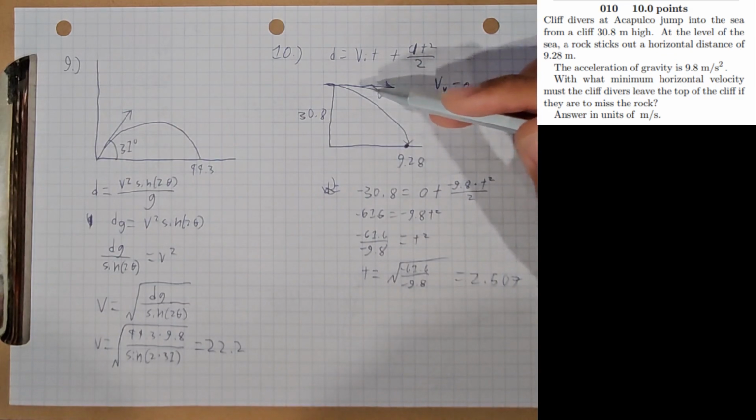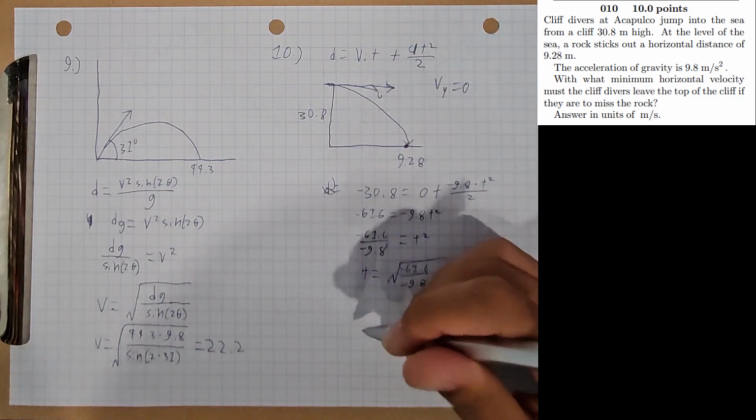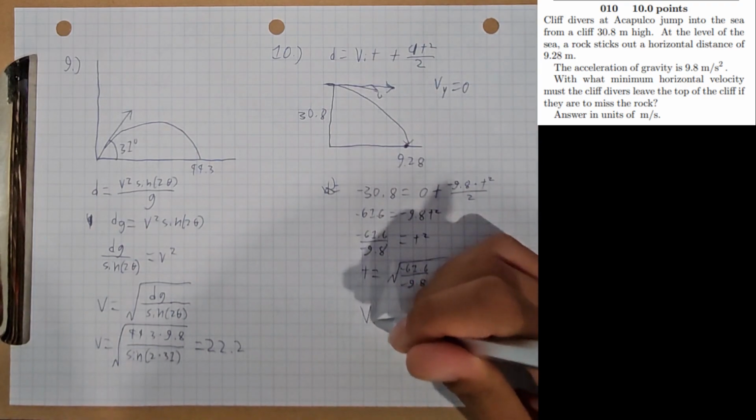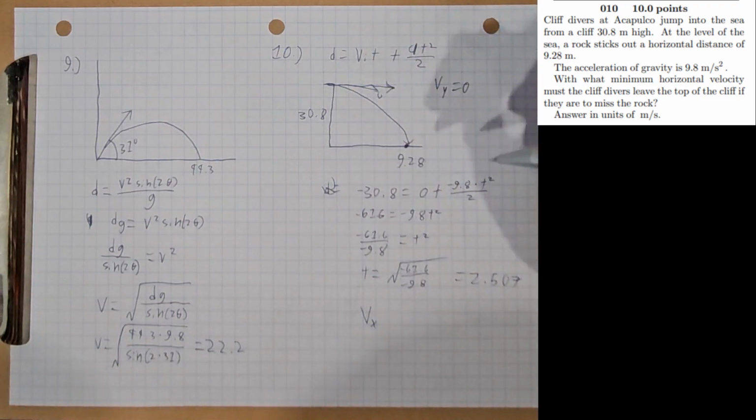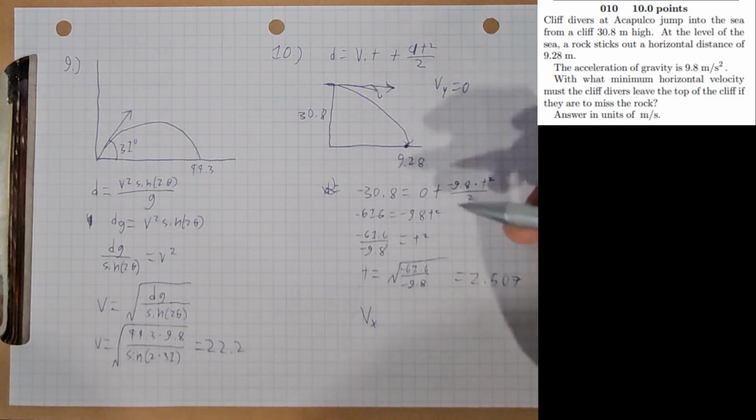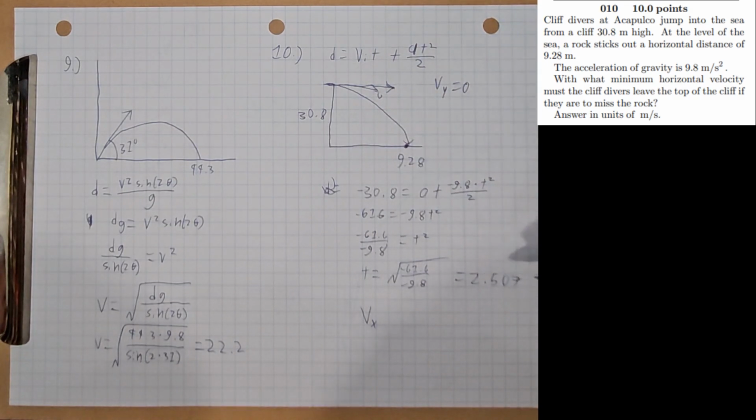So it's asking what's the x component of this initial vector so that we make it 9.28 meters by the time the 2.507 seconds pass. The velocity is equal to the distance over time.